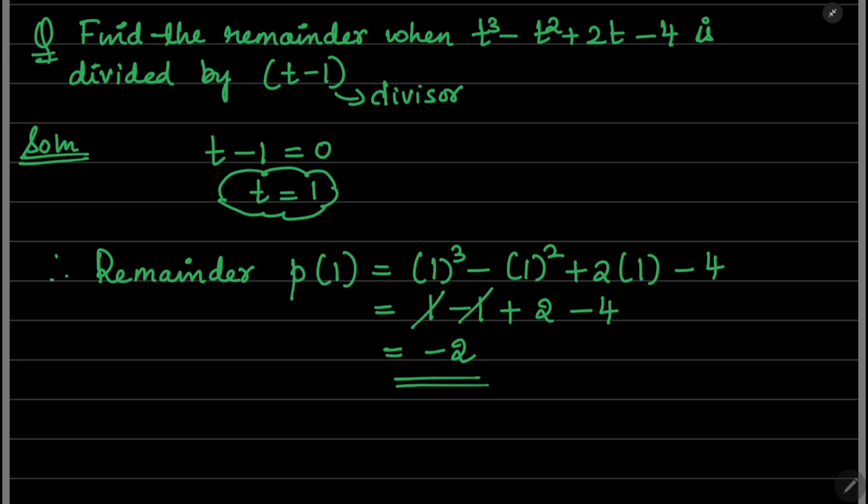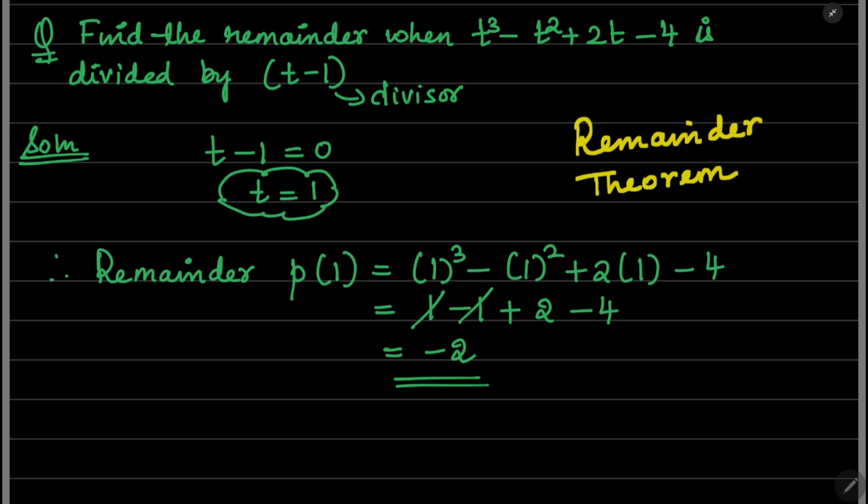Okay, so please note, whenever you have to divide and you are asked to find the remainder, you can use the remainder theorem. It is very, very important and very, very easy.